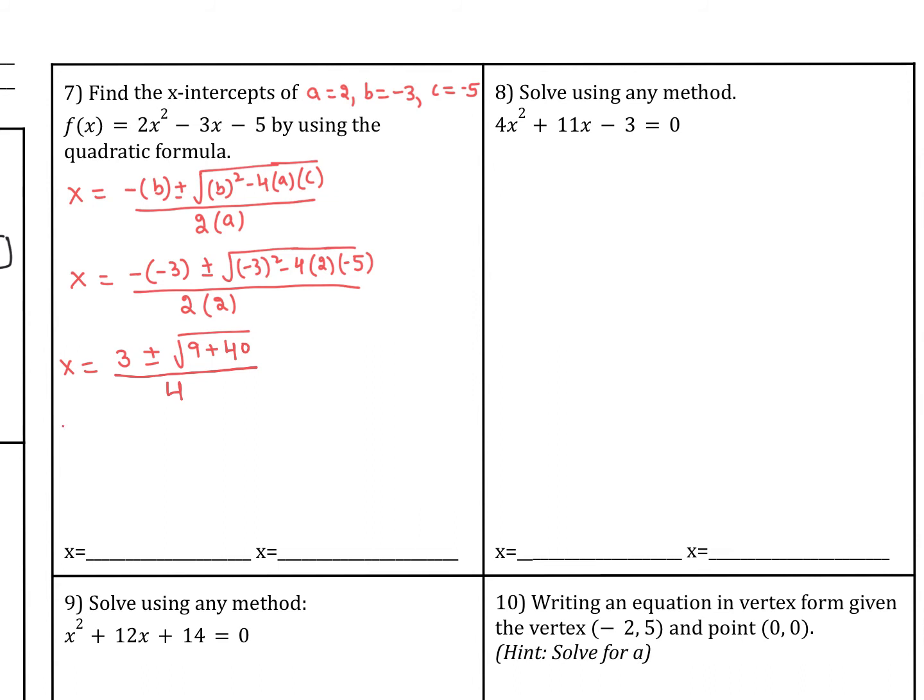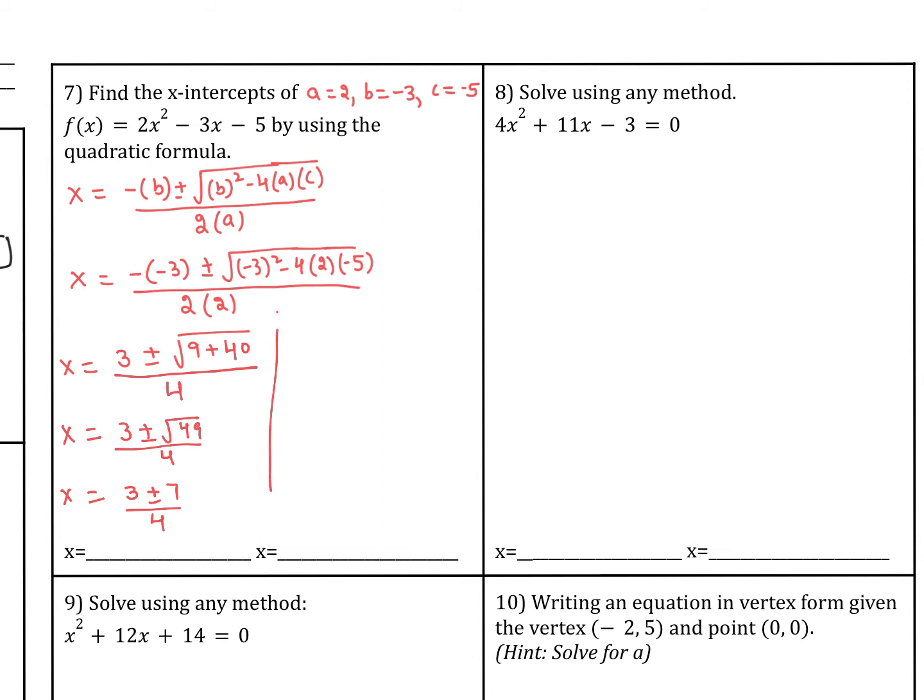Now you get x equals 3 plus or minus square root 49 divided by 4, and we know that the square root of 49 is 7. So 3 plus or minus 7 divided by 4.